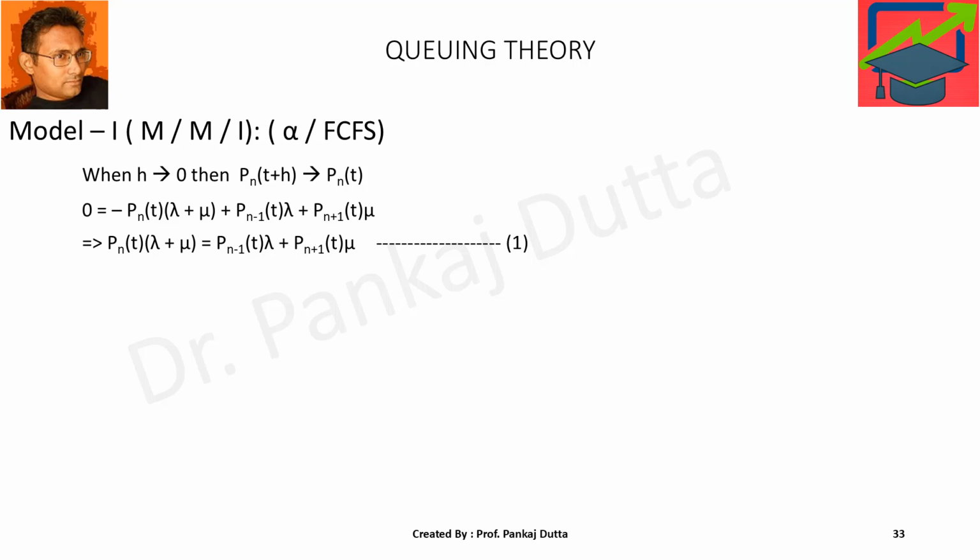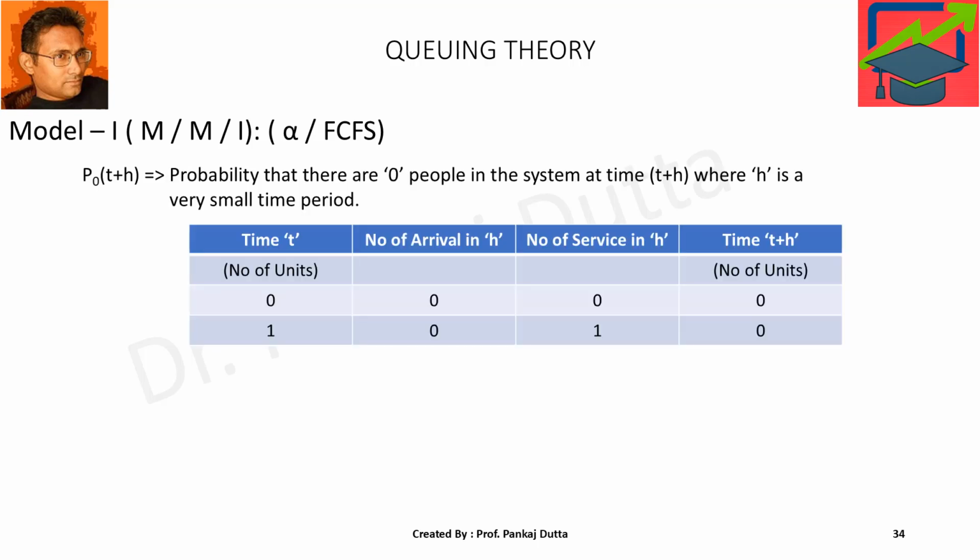But to get the second steady state equation, we need to find the probability that there are 0 people in the system at time t plus h, where h again is a very small time period. Just like our previous case, the probability that there are 0 people in the system at time t plus h can be expressed as the sum of two situations.